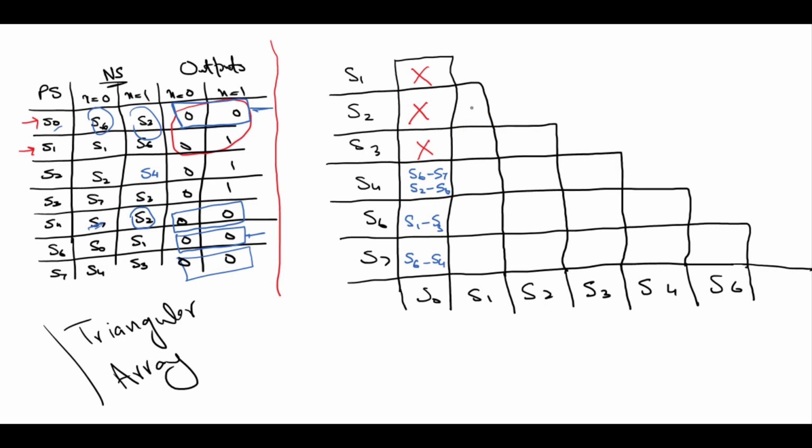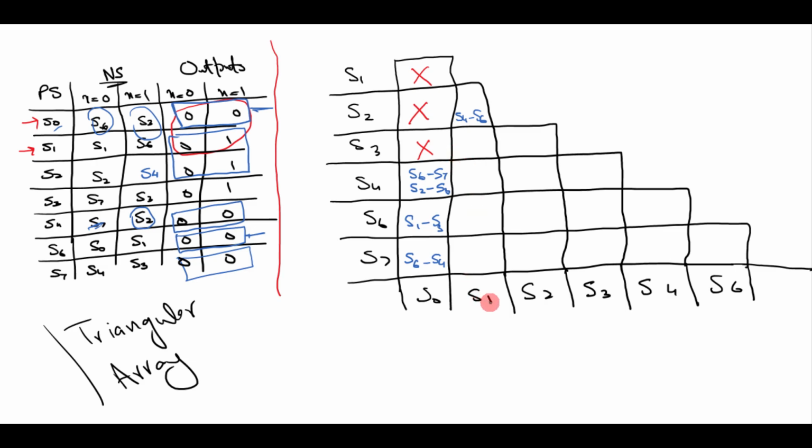Now come to this row. Here this is S1 and S2. You can see S1 and S2 have the same outputs. S1 and S2 can be equivalent only if S4 and S6 are equivalent.